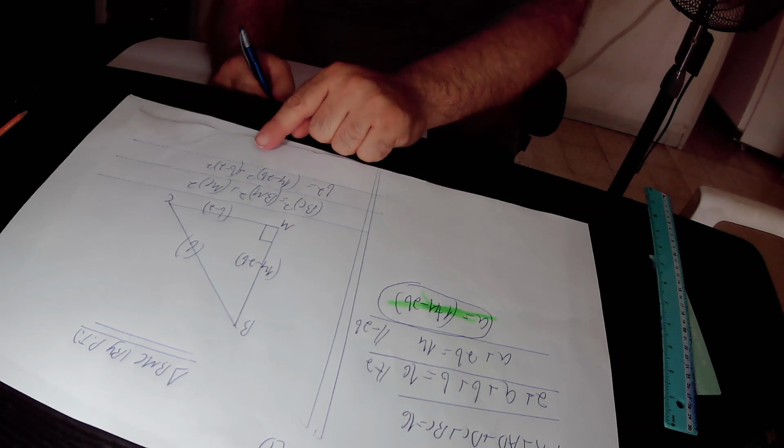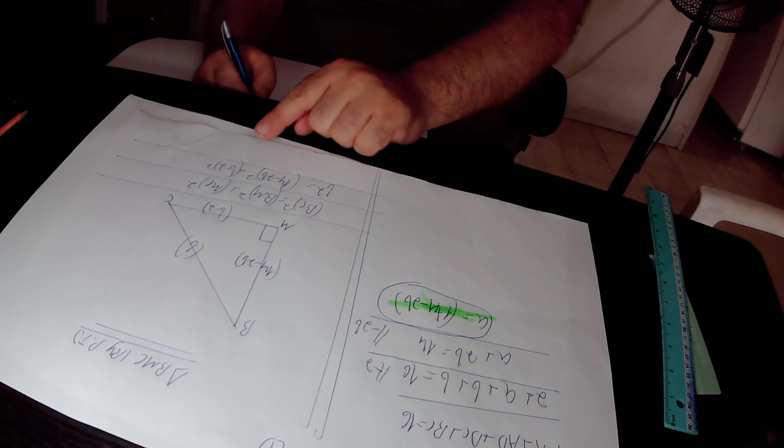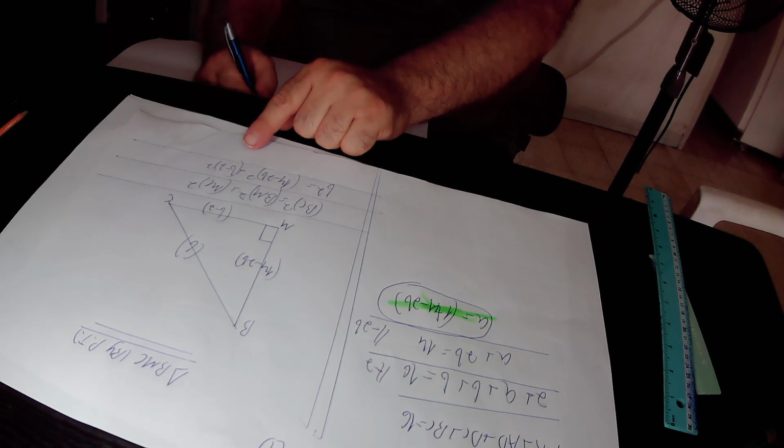And we also add (B minus 2) squared. (B minus 2) squared equals B squared plus 2 squared, that is 4, minus 2 times B times 2 is minus 4B.